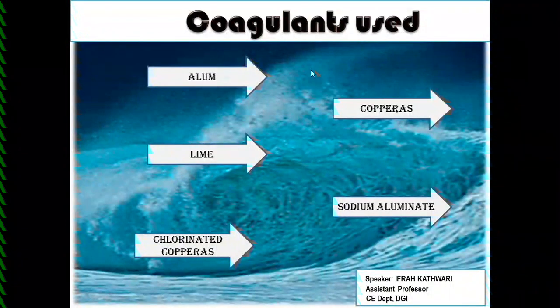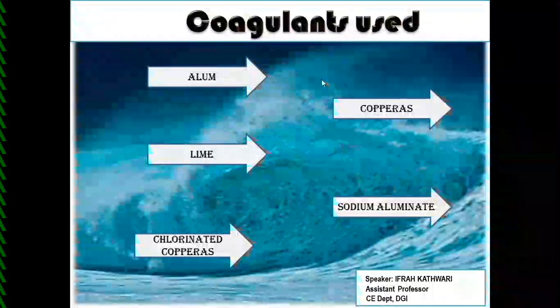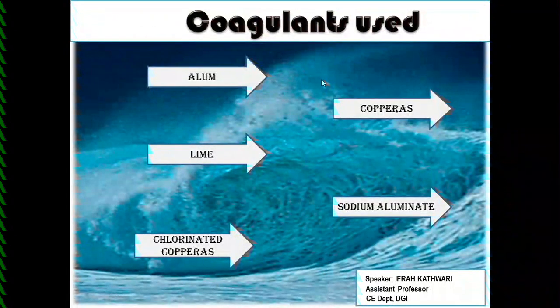But when soda ash is added, vice versa happens, wherein acidity is induced, but hardness is not induced. The dosage that we use for alum is 10 to 30 milligram per liter.